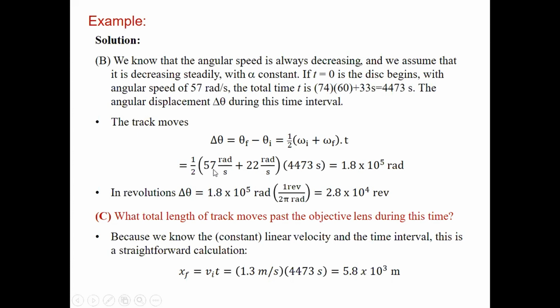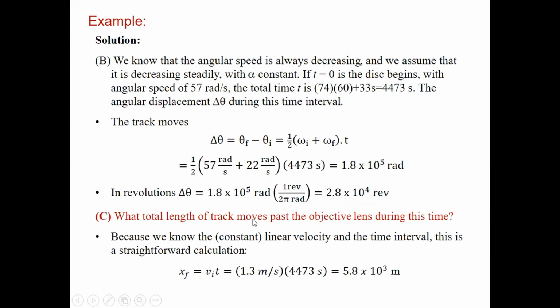We substitute these values and reach the result of 1.8 into 10 to the power 5 radians. So the total revolutions are 1.8 into 10 to the power 5 radians multiplied by 1 revolution per 2 pi radians. So the answer is 2.8 into 10 to the power 4 revolutions.